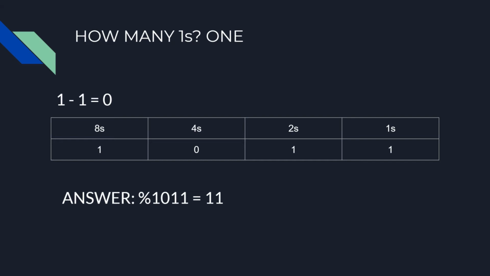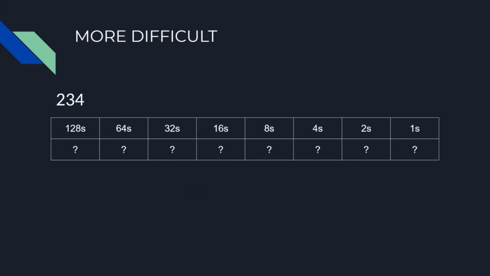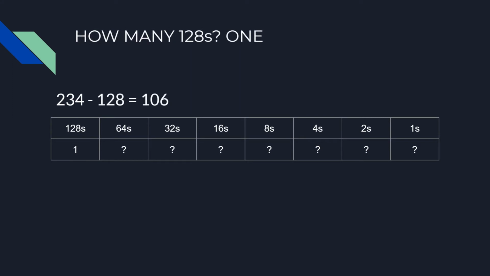Once more, with a slightly harder number. Bring back 234. This time, we will use 8 bits. So, we start out with asking, how many 128's are in 234? As a side note, you should always end up with less than your base in the place value.